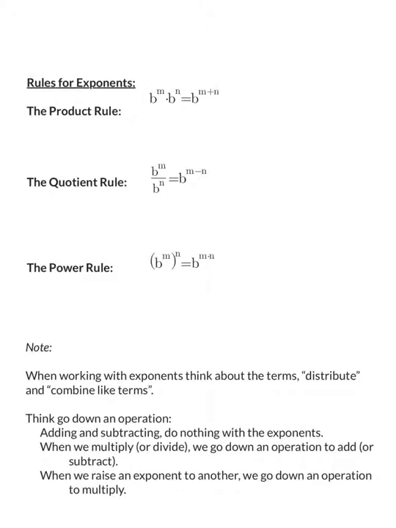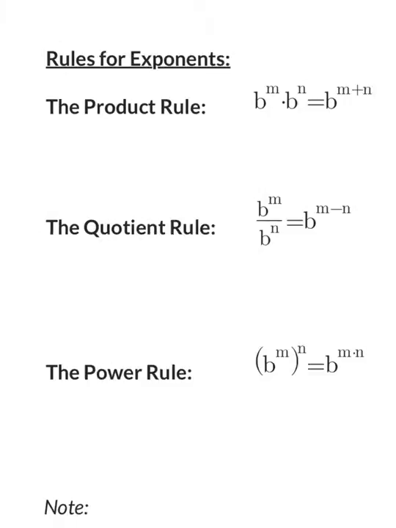The first one that we want to look at is the power rule. And the power rule says that if the bases are the same, then if we multiply, what we're going to do is add the exponents. So let's see an example of this.